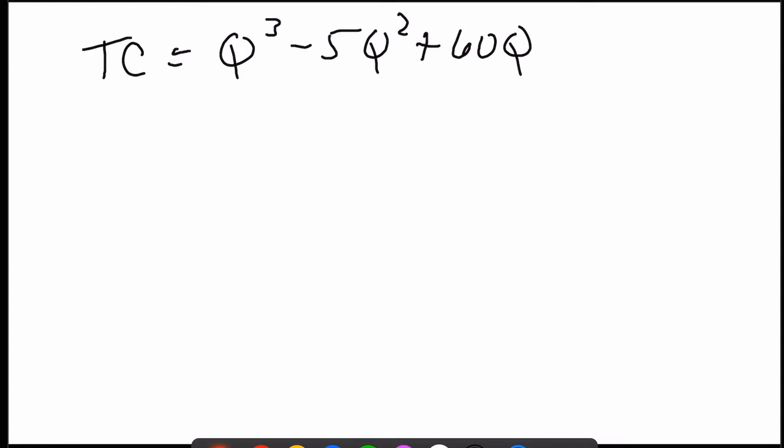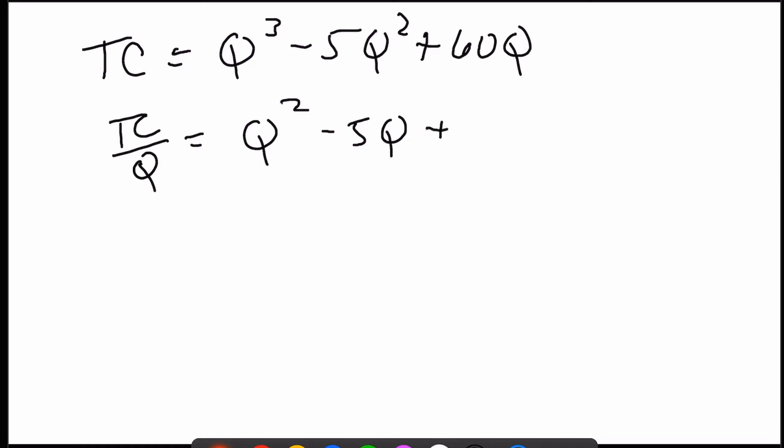So what I do with the cost function is I take my total cost and I divide it by Q. So I get Q squared minus 5Q plus 60, right? Yes? Okay. And I take the first derivative of that, and I'm going to get 2q minus 5.